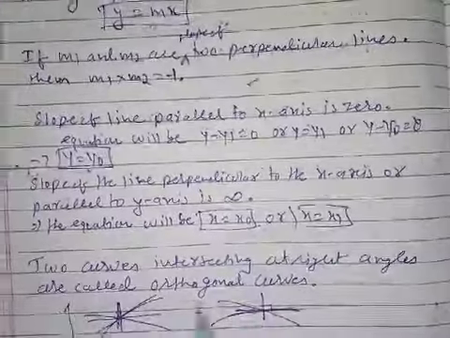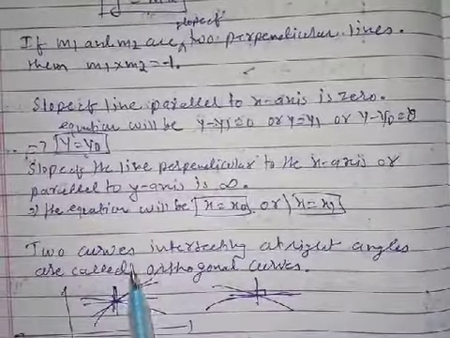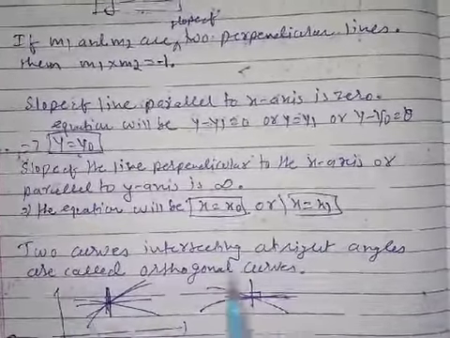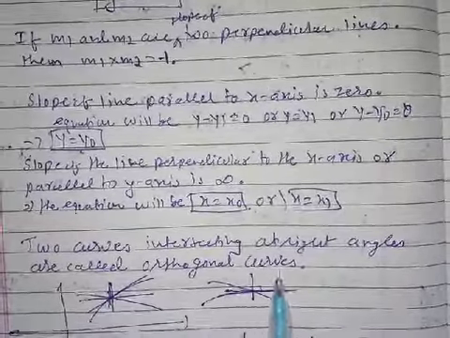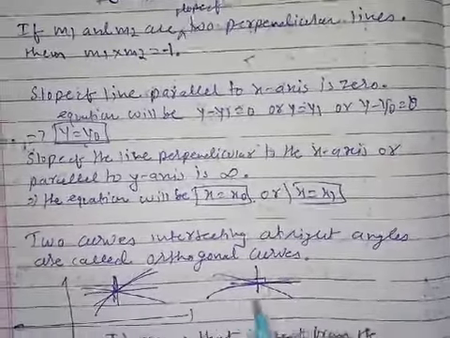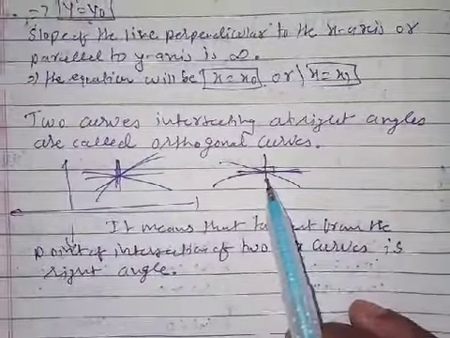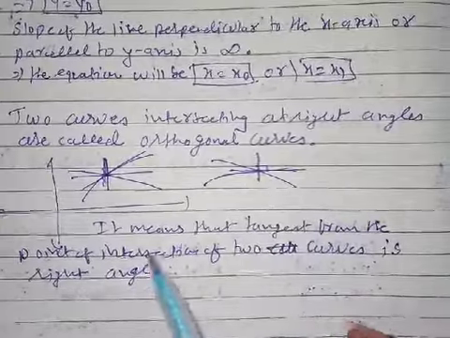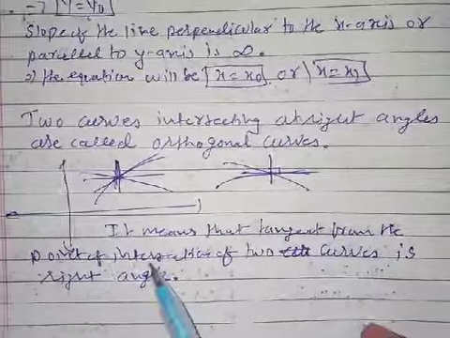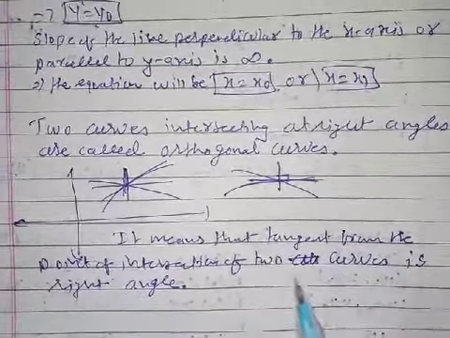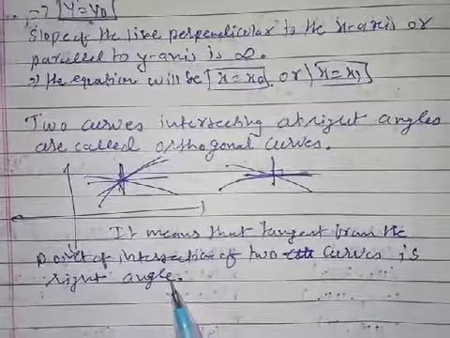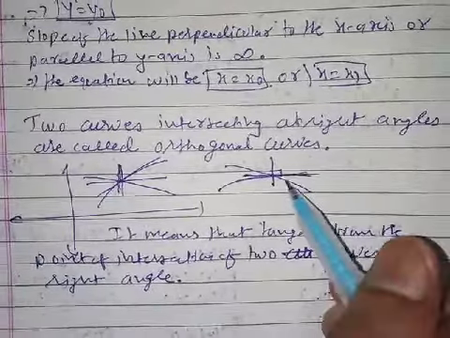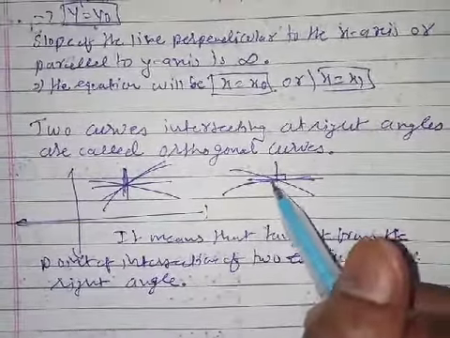Next, two curves intersecting at right angles are called orthogonal curves. Suppose this is the curve, and they intersect here and here. Whenever the tangents are drawn at the point of intersection of two curves, they will form a 90 degree right angle.